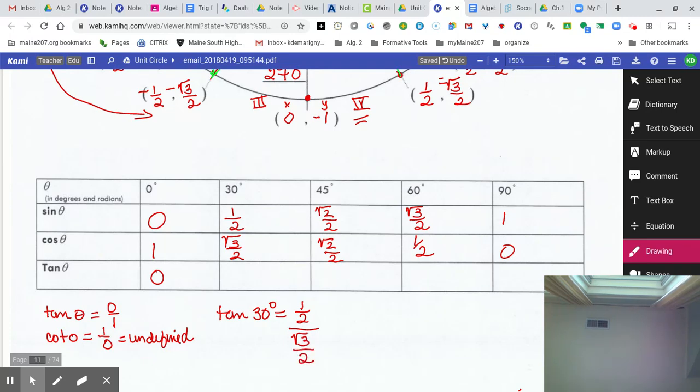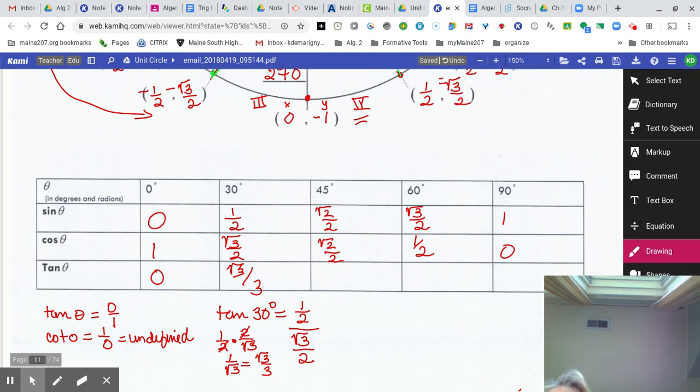Well, that's a complex fraction, which means I need to rationalize and simplify. It's 1/2 times, take the reciprocal, 2 over root 3. So those two will cancel out, and I'm left with 1 over the root 3, which is root 3 over 3. So I will probably want to memorize that this is root 3 over 3.